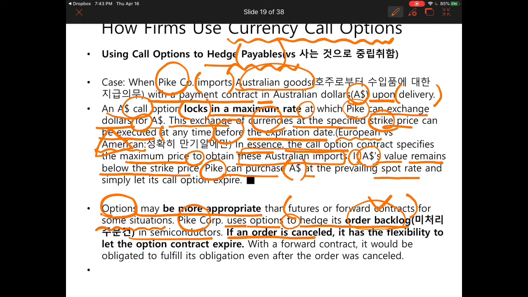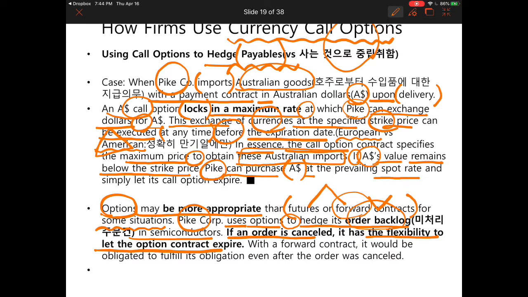If we purchase a forward, you are obliged to execute that contract to purchase Australian dollars. Instead, if we purchase a call option, you have the flexibility to let the option contract just expire. You don't need to exercise it.